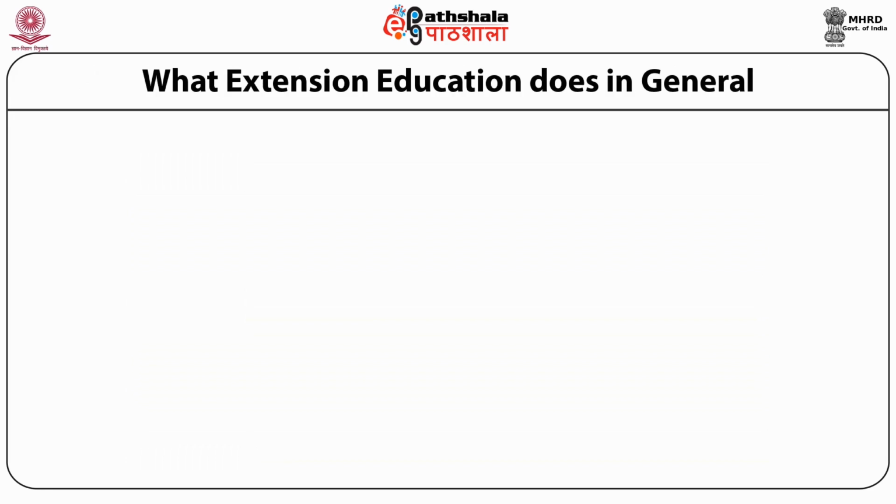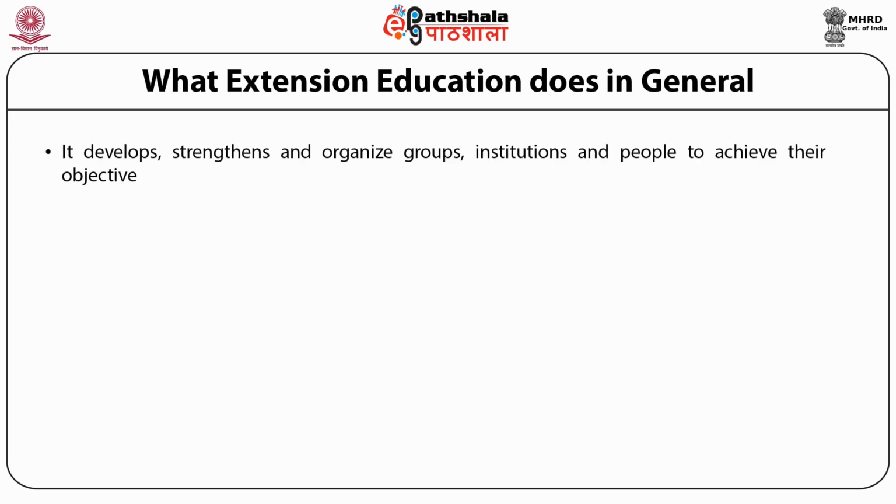Before we come to the conclusion, let us look into what extension education does in general. It develops, strengthens, and organizes groups, institutions, and people to achieve their objectives. In general, extension favors the institution building process. If the institutions are strong, they provide the base for further events.